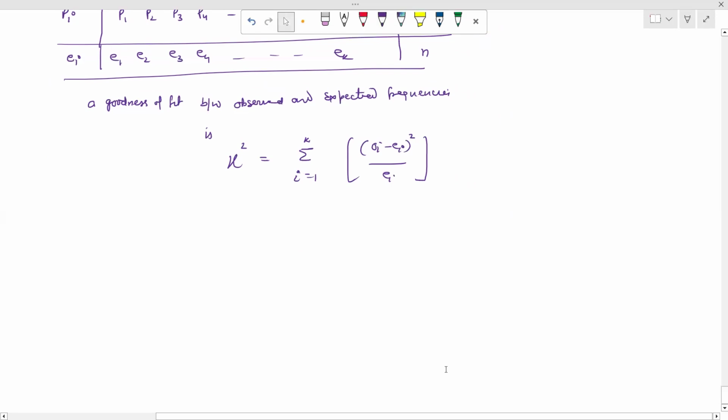So here we consider n minus 1 degrees of freedom.